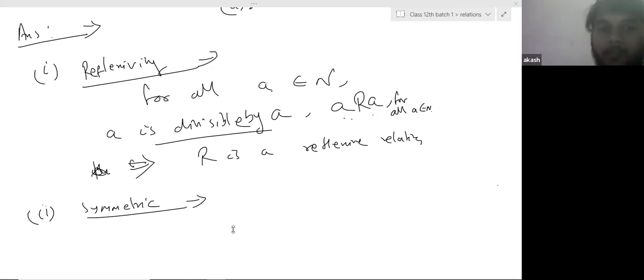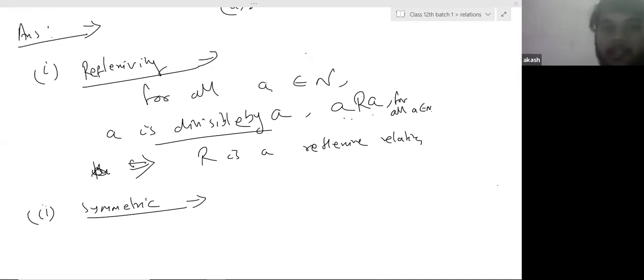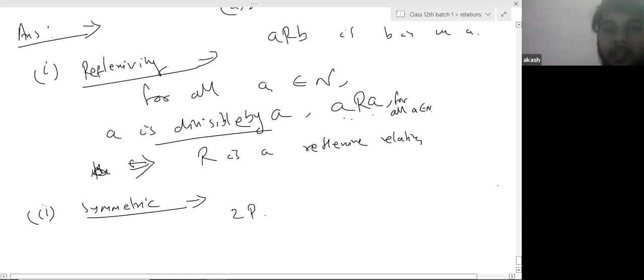If 4 is divisible by 2, then 2 must be divisible by 4, right? But that is not the case. The question says (A, B) is in the relation if B is divisible by A. That means if I write (2, 4), then 4 is divisible by 2.